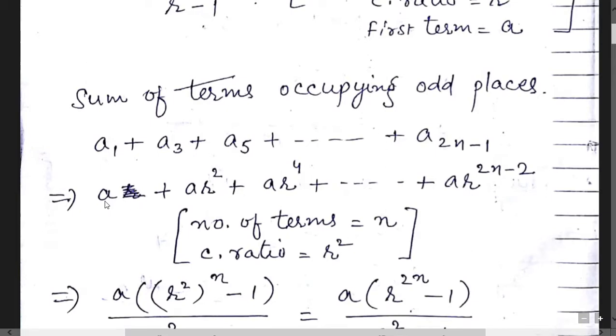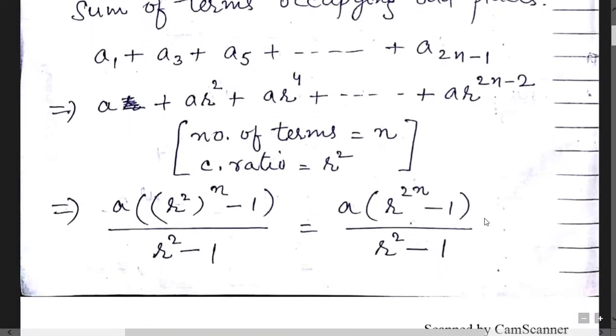It means these terms are a, ar square, ar raised to power 4, up to ar raised to power 2n minus 2. Here 50% of the terms are there because odd plus even combined form the complete series. It means the number of terms is n, and the common ratio is r square.